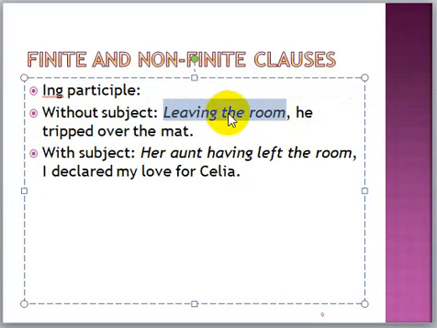Leaving the room. The verb "leave" with "ing" is the present participle. Okay, and "the room" here is the non-finite clause, and this is the issue of the non-finite clause, which has an implicit meaning. This implicit meaning could be "when he left the room."